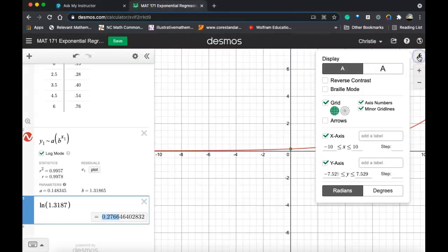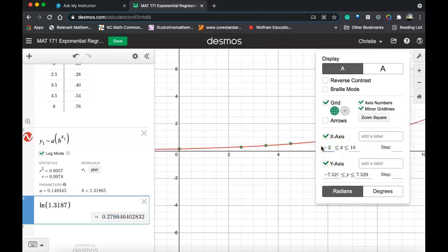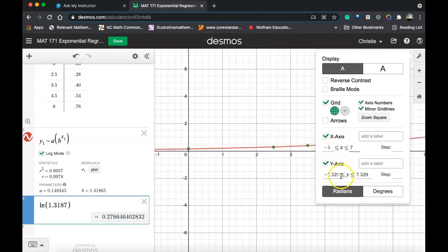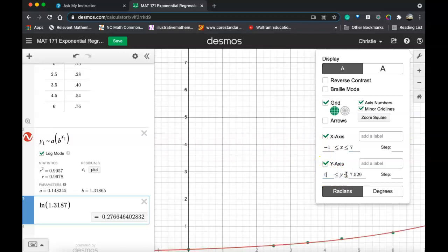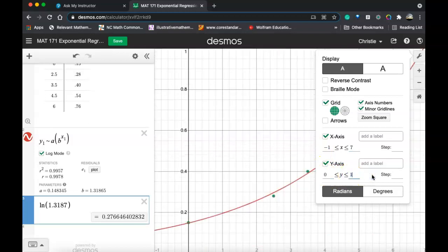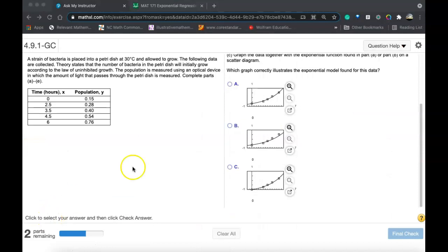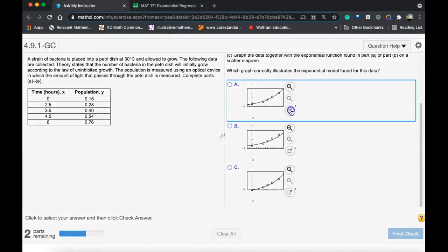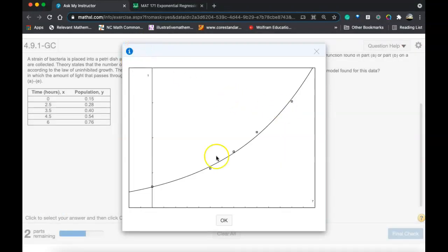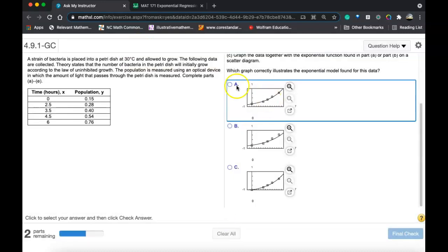So if we come over here to these settings, we could do that same thing, and from 0 to 1. Coming back to these, you may need to increase the size to see them a little bit better, but I believe A should be the best answer choice.